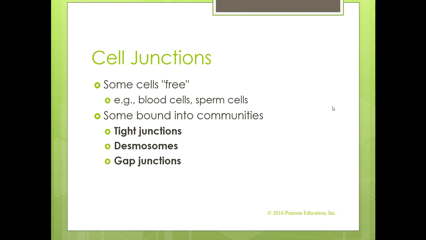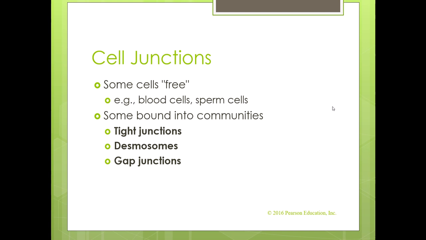Now, some of the cells in our body are unattached. They're free, right? Blood cells, red blood cells, white blood cells, they roam through our body, particularly through our blood. Sperm cells are made by the testes, and they have little flagella tails so that they can swim to fertilize an egg, but they're not attached to anything.